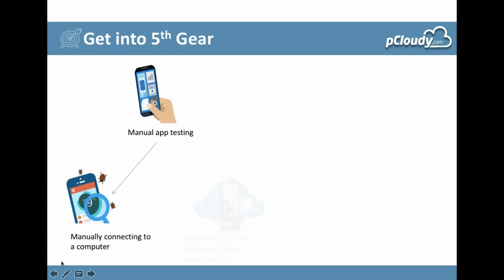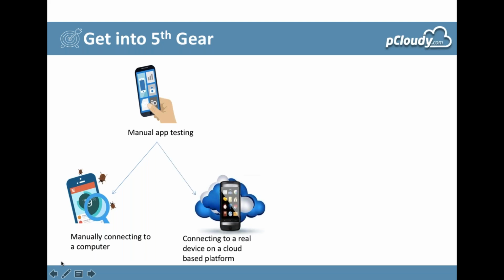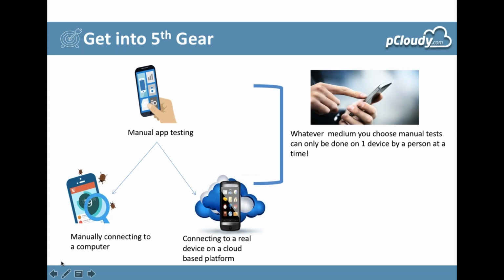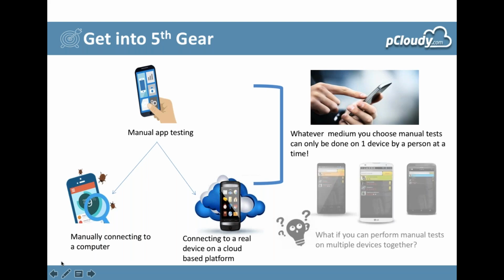Typically manual testing is done either on a handheld device that we just discussed, or a device on a cloud. But generally it's about one person using one device at a time. But what if you have an option to run your manual test cases on multiple devices together? That is where you go into fifth gear, and it completely changes the game for you.